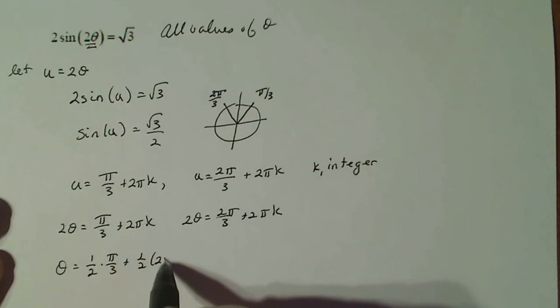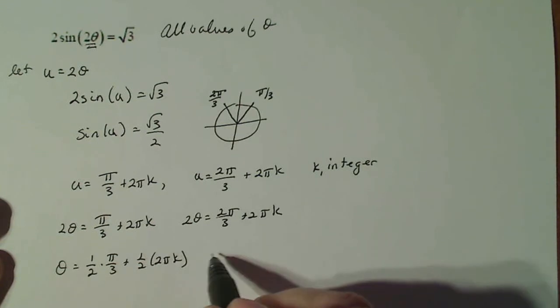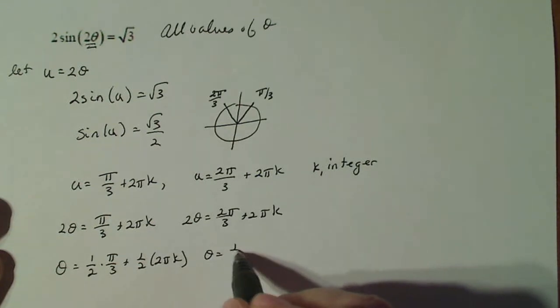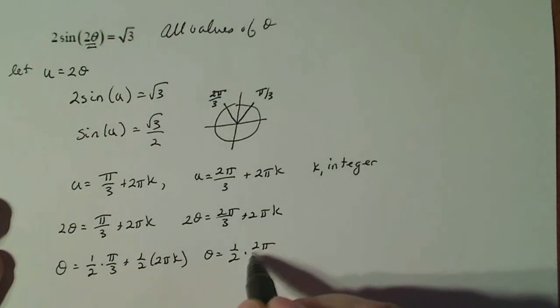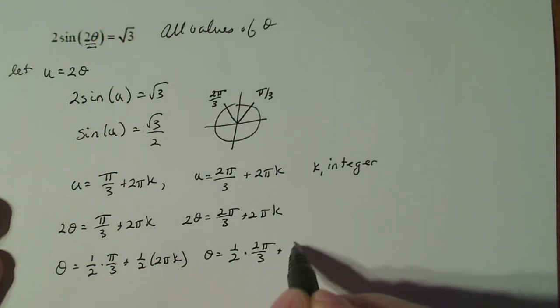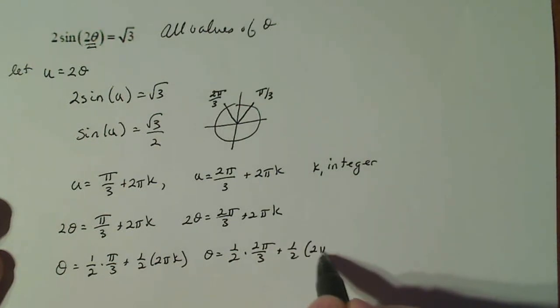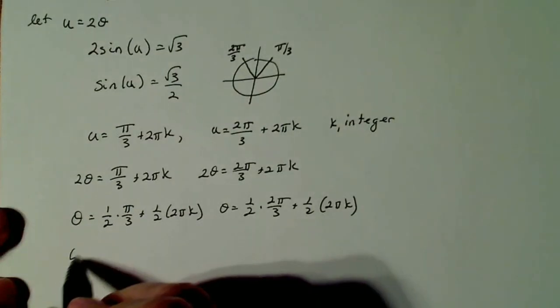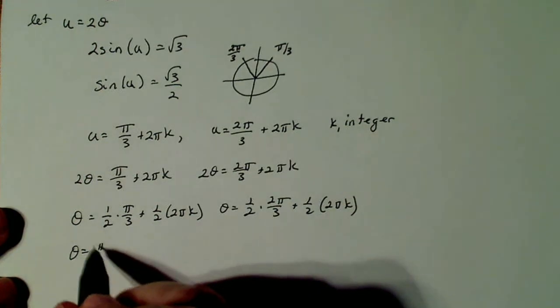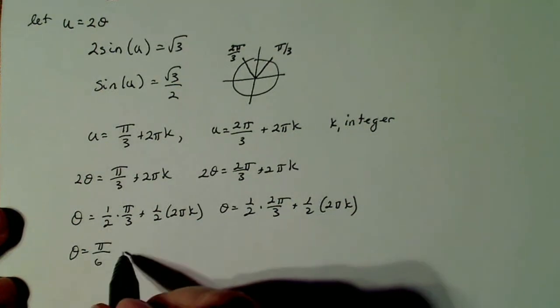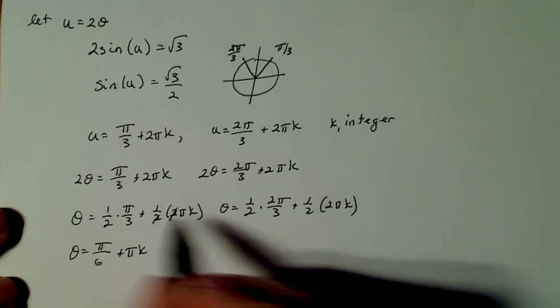Theta is 1/2 times pi over 3 plus 1/2 times 2 pi k. And over here, theta is 1/2 times 2 pi over 3 plus 1/2 times 2 pi k. And then one more step to simplify. Theta equals pi over 6 plus pi k, because the twos cancel.